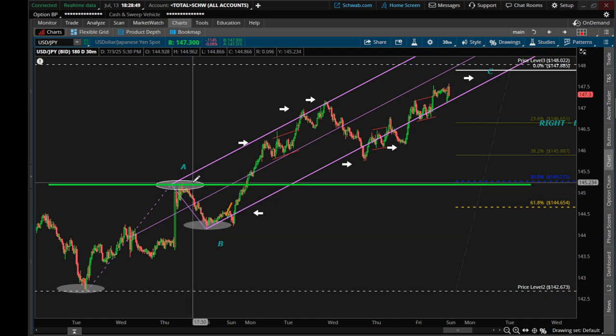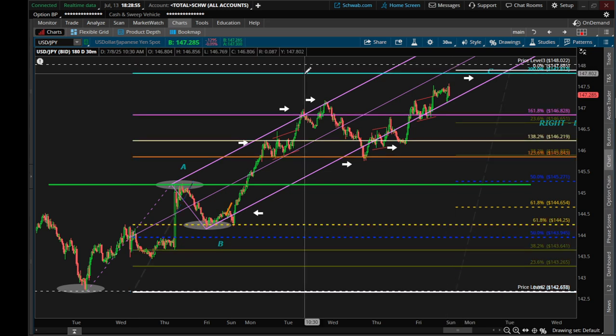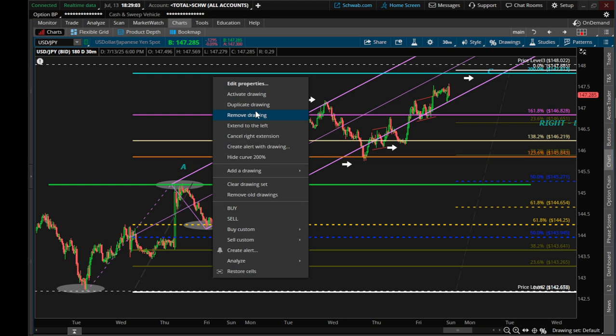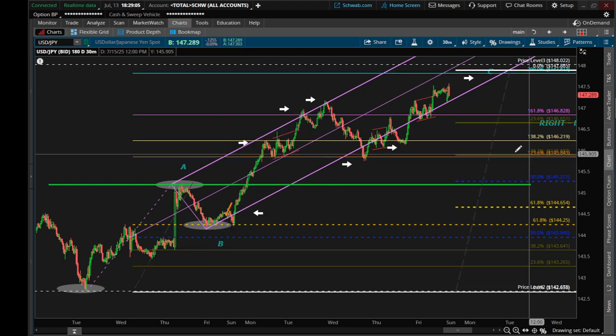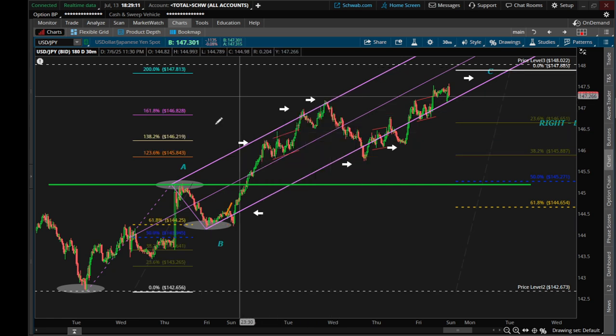This isn't an exact measurement, but it's pretty close. Yeah, it was whatever this 200 is, 147.8. I'll just cancel the extensions here. There we go.